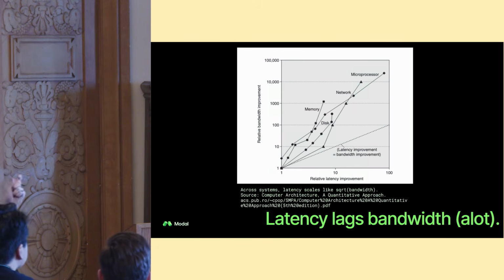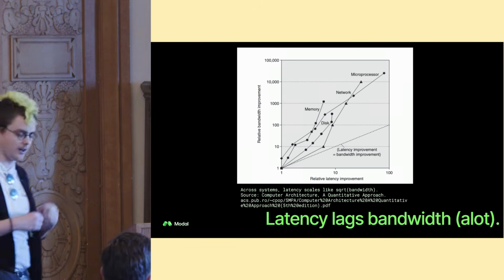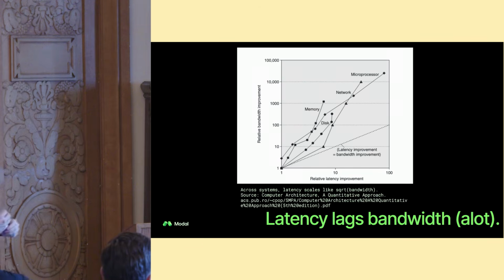So if computer systems started off nicely balanced and followed this behavior, they would stay balanced. But they become imbalanced, because one of those was latency and the other metric was bandwidth. So that's the first thing to pull off this chart: things are not along that straight line of equality.